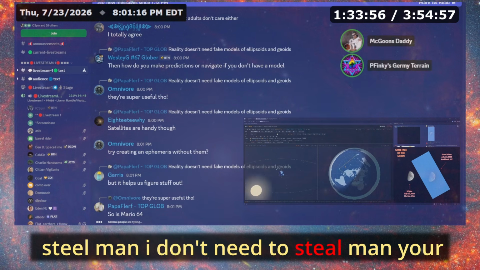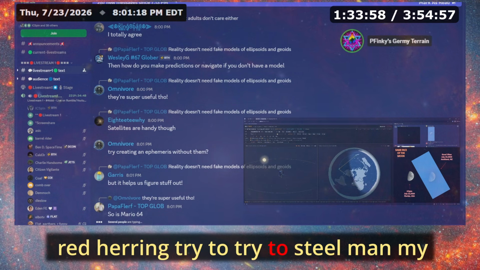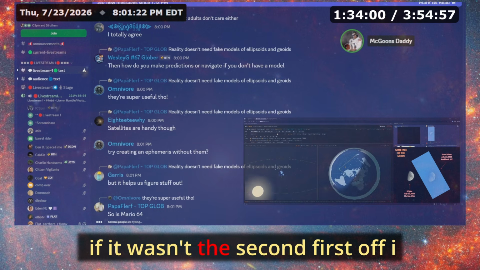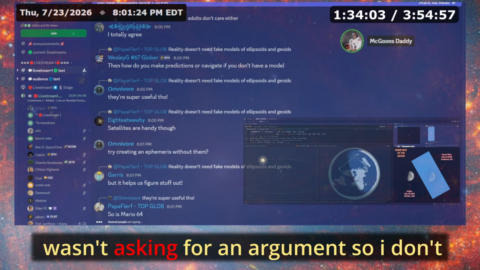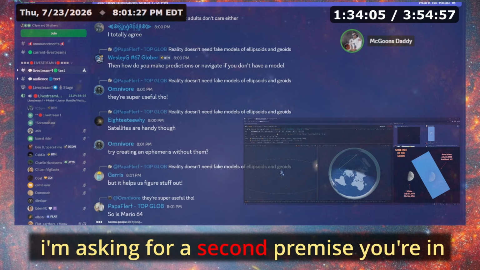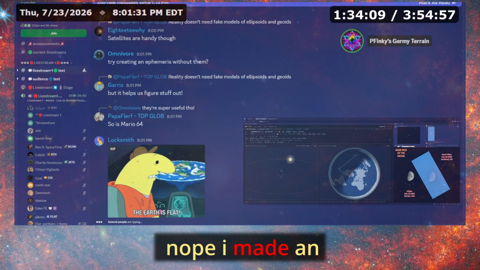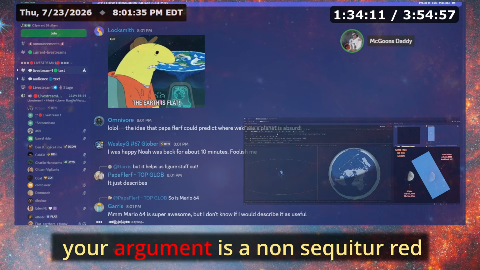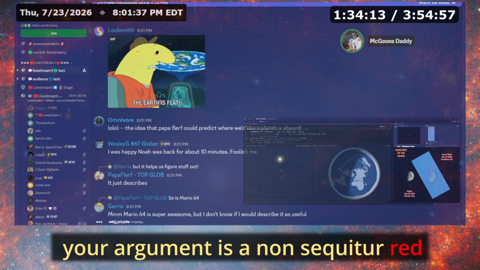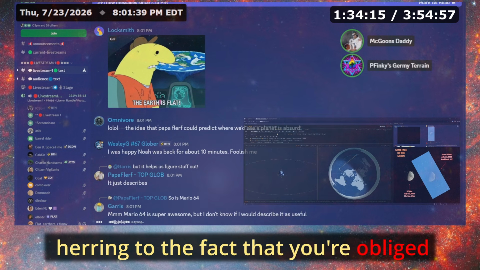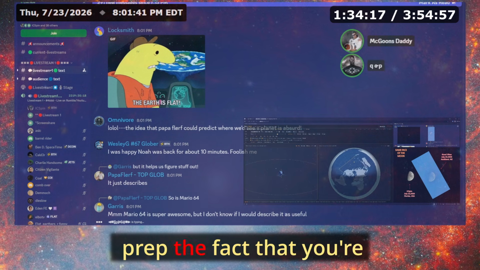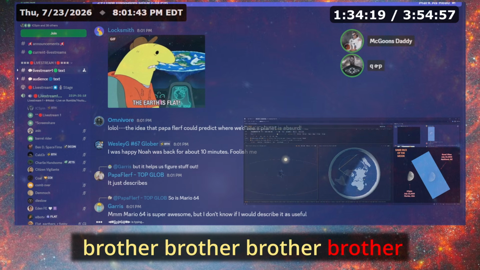I don't need to steelman your red herring. See if you can do it. First off, I wasn't asking for an argument, I'm asking for a second premise. You're in the wrong category, sir. Nope, I made an argument. Your argument is a non sequitur red herring to the fact that you're obliged to provide the second premise.